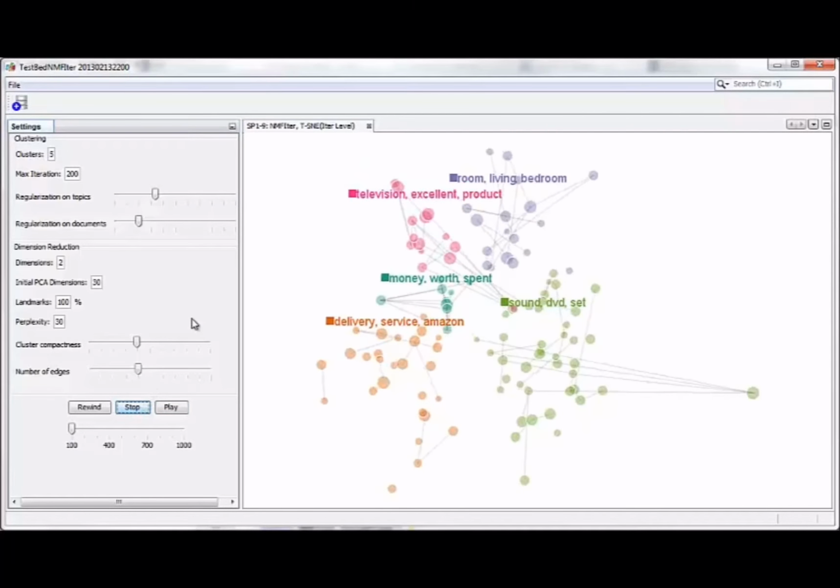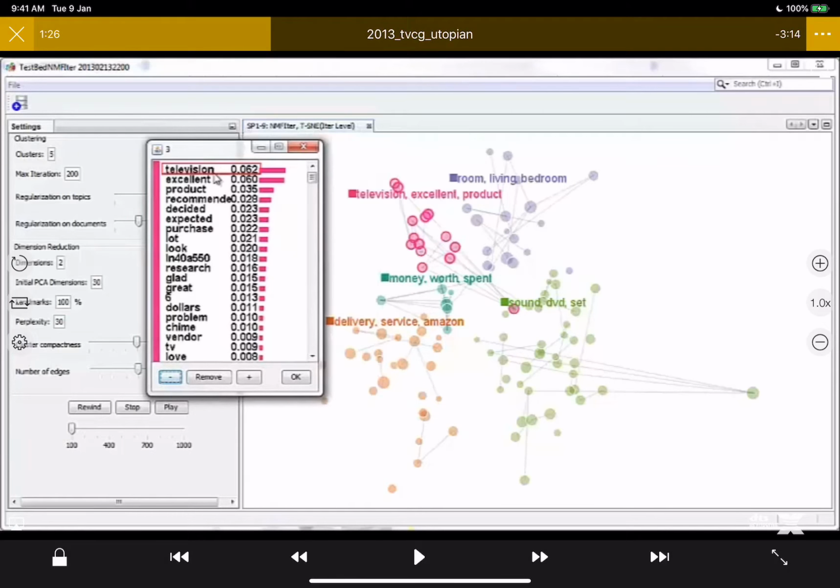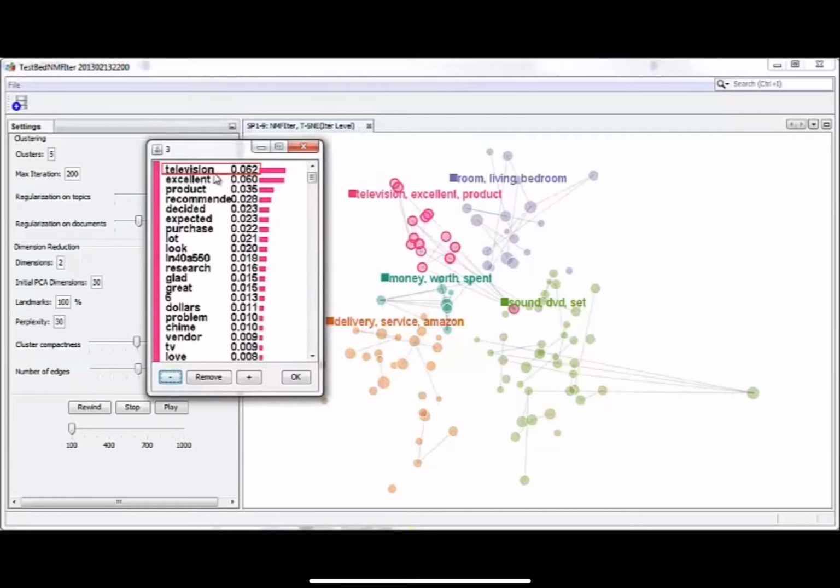Okay, so this is a TV review data set that we discussed. These lists are the sorted keywords and their weights for a particular column in our W corresponding to this topic.